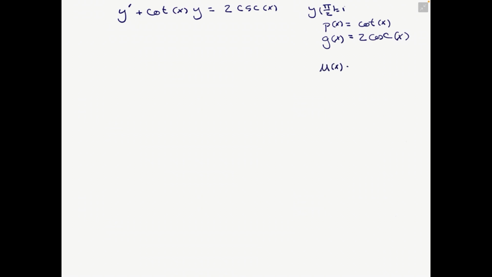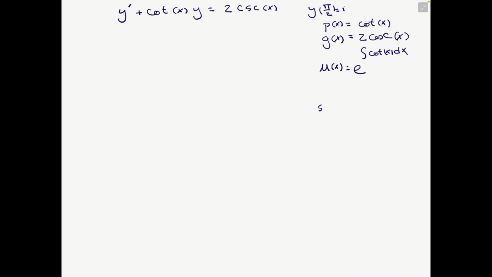Mu of x is equal to e to the integral of the cotangent of x dx.